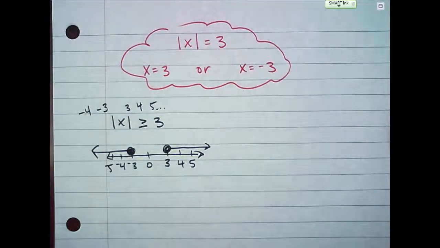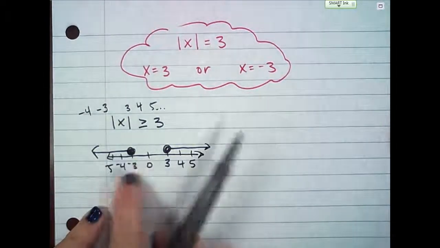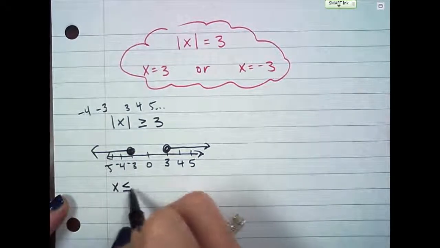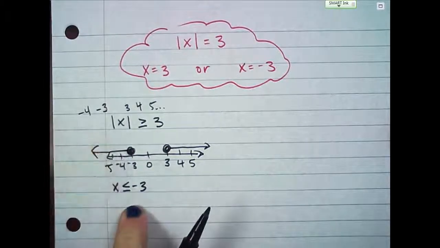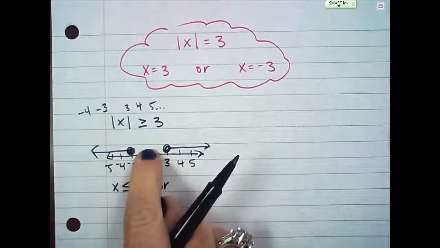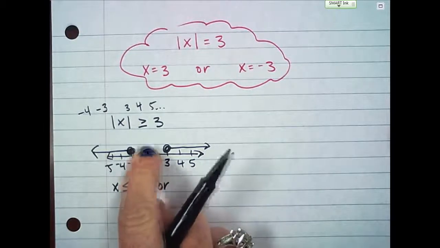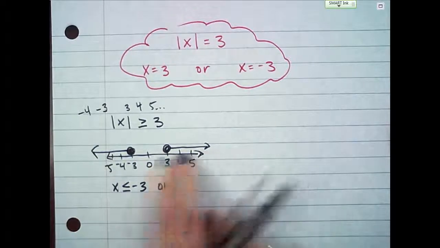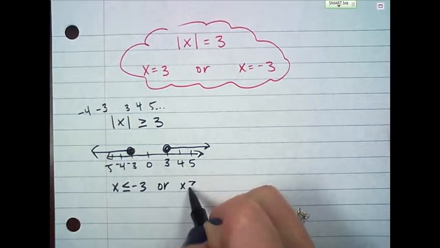Now this is where we're going to make the link for you. If I wrote these answers, I would say x is less than or equal to negative 3, right? That's these. Or, because it makes a jump. Remember me talking about when we wrote lines like this? You make a jump, there's your or, and then this ray over here. You would write these answers as x is greater than or equal to 3.